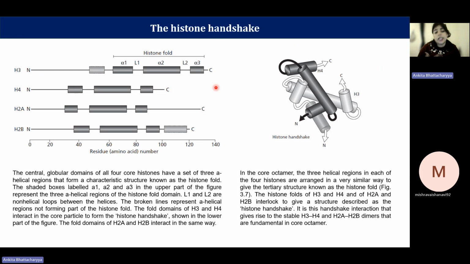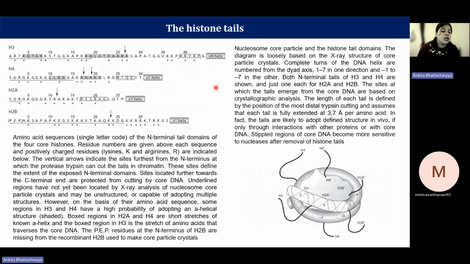Again, not a very huge impact, but that is how they are, and you should be aware of the differences between histones as well. Another reason why it is important is because based on how long that particular amino acid sequence is, you can also understand how long the tail actually is.